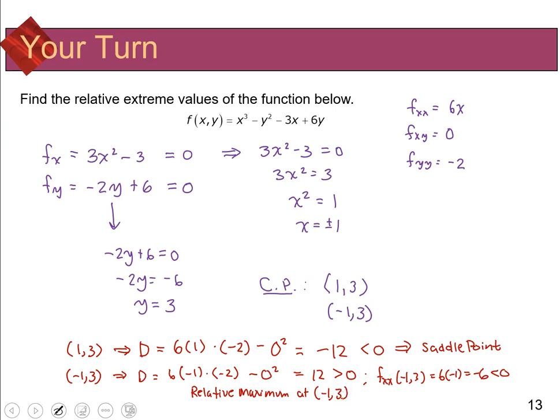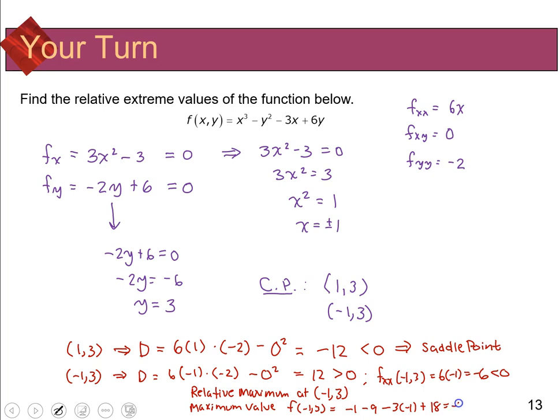And the maximum value is going to be f of (negative 1, 3), which would be negative 1 minus 9 minus 3 times negative 1 plus 18.